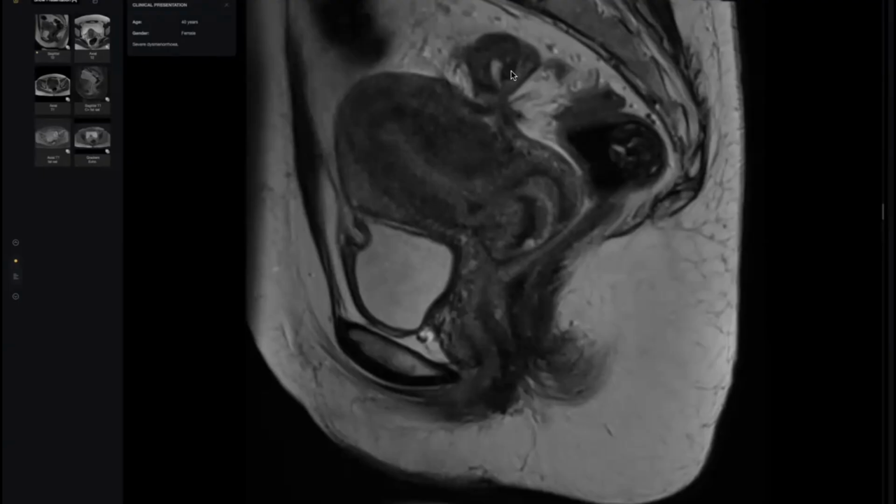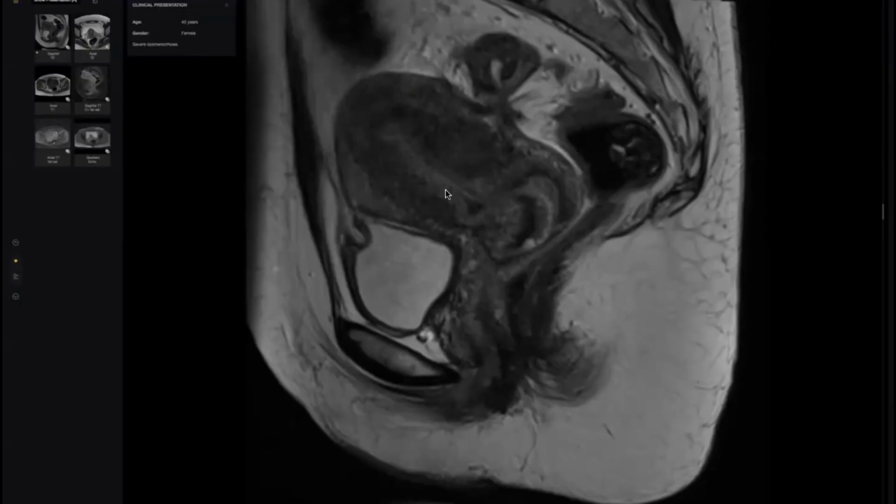Describe. The posterior wall appears to be slightly thickened, with a hypointense area within it. Where is this hypointense area? It appears to be within the myometrium. Exactly, most likely in which part? This is the endometrium, and this is the myometrium.